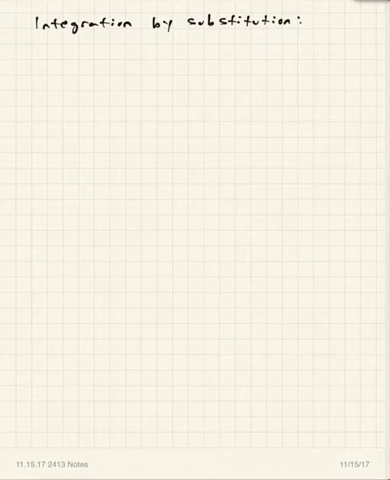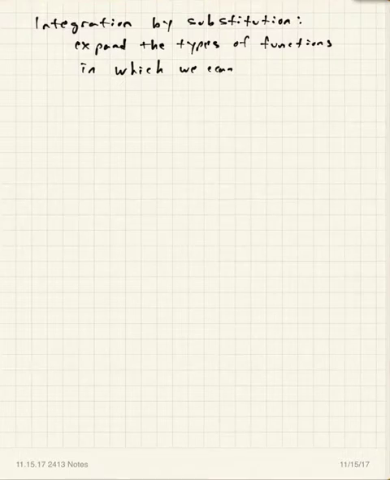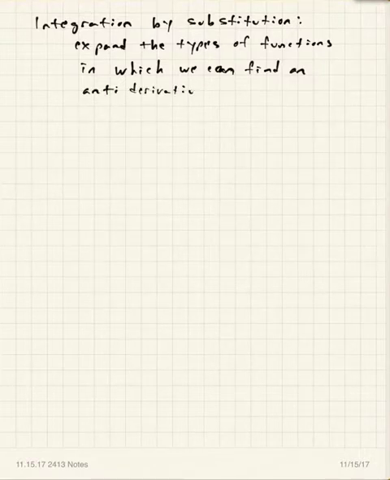All right, so now with integration by substitution, what we're going to do is expand the types of functions in which we can find an antiderivative, because right now we're kind of limited in what we can find antiderivatives for. Okay, so this is what I'm talking about.